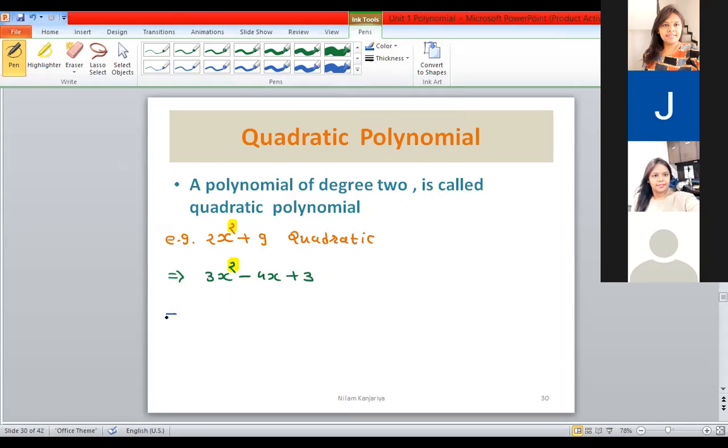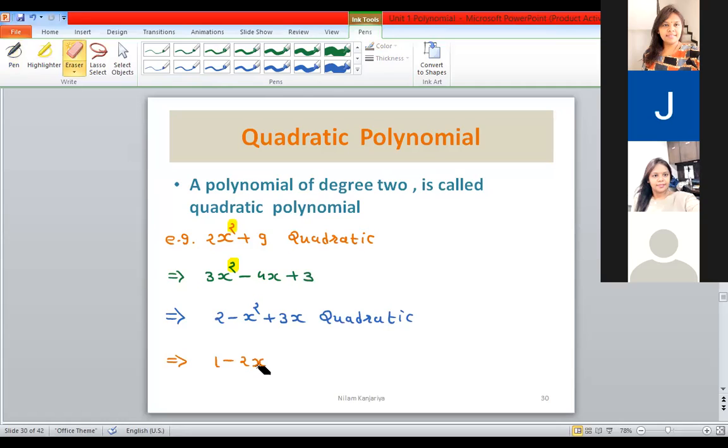Let's see some more examples. 2 minus x square plus 3x is also a quadratic polynomial. Someone said this is also a quadratic polynomial: 1 minus 2x square.